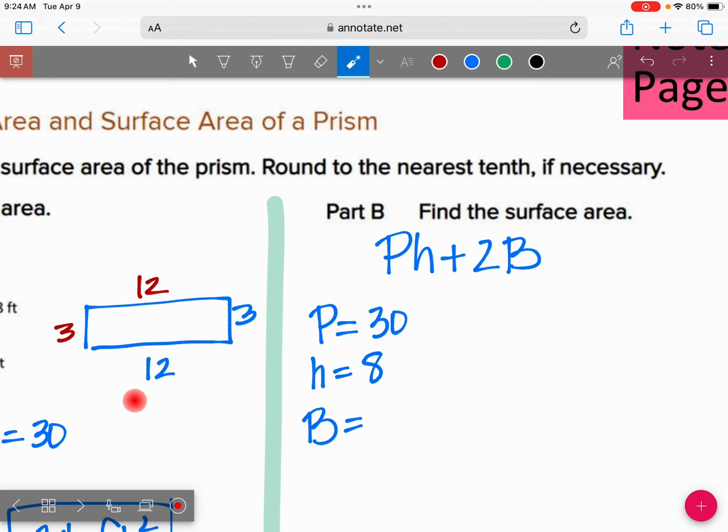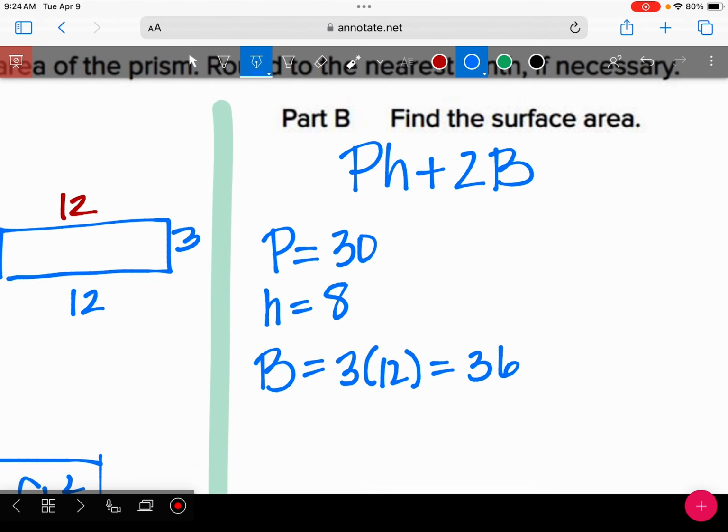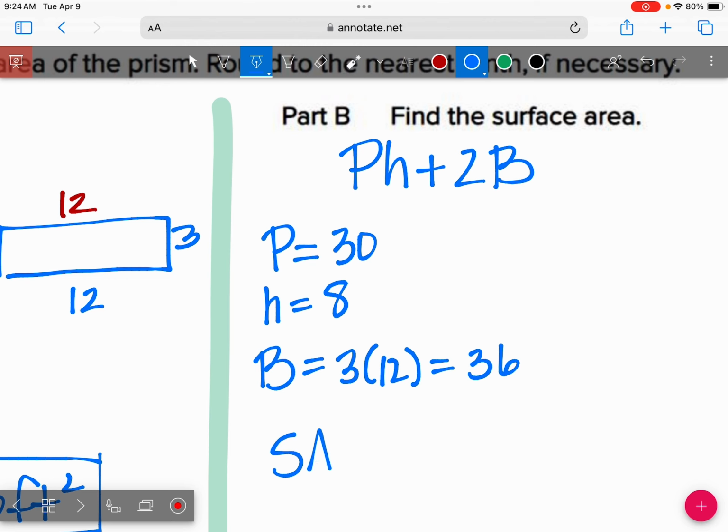But how do you find the area? How do you find area of a rectangle? Multiply the 2 sides. Yep. So multiply 3 times 12. So when you take 3 times 12, you get 36.